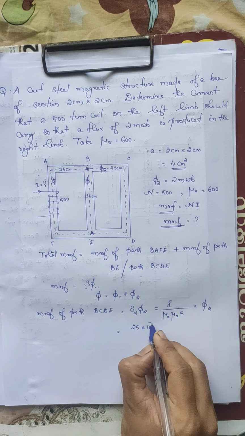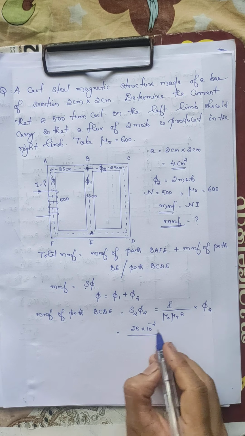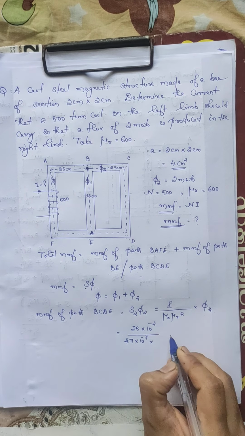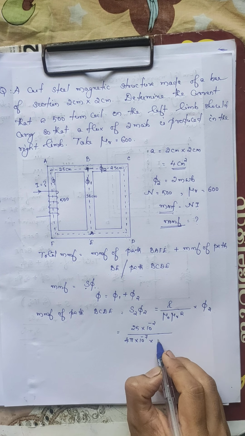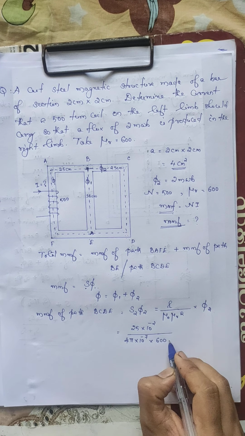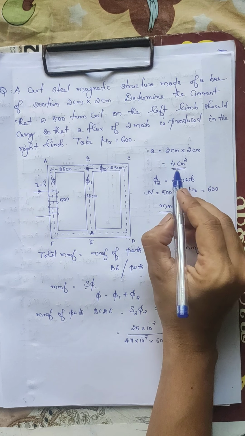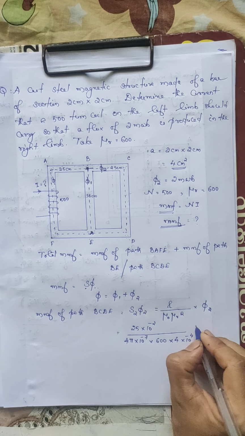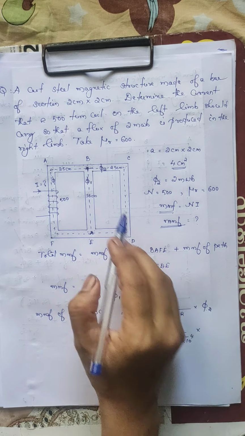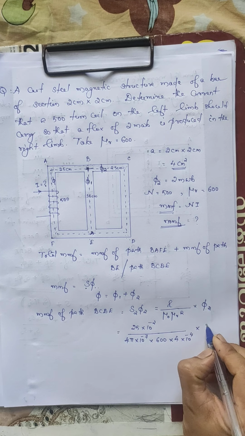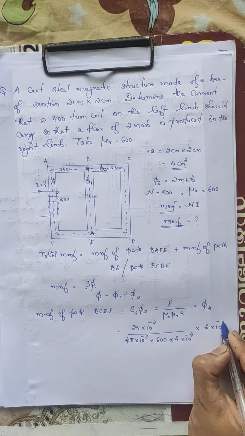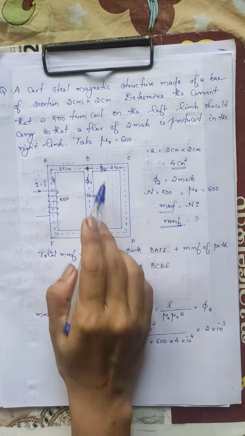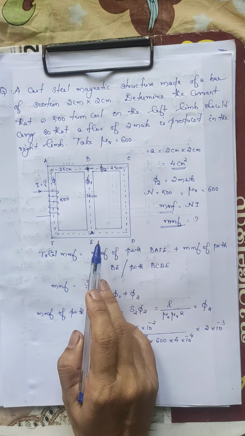So 25 into 10 raised to minus 2 meters divided by mu 0, which is 4 pi into 10 raised to minus 7, into mu r, the relative permeability of cast steel, given as 600, into area of cross section, which is 4 centimeter square, equal to 4 into 10 raised to minus 4, into phi 2. Flux on the right limb is given as 2 milliwebers, that is 2 into 10 raised to minus 3 webers. So on solving this, we will get the MMF of path BCDE.